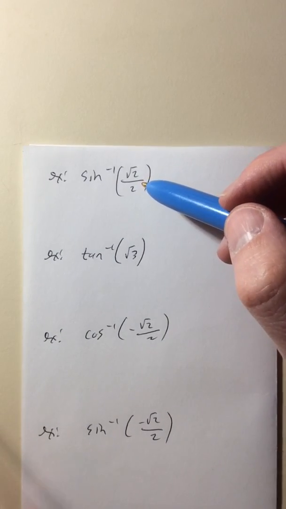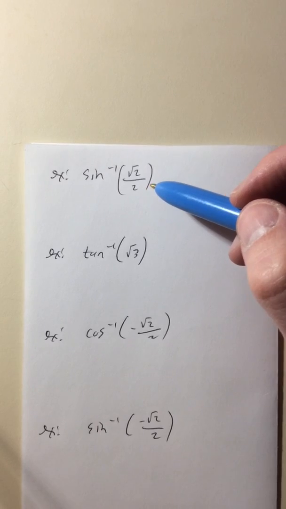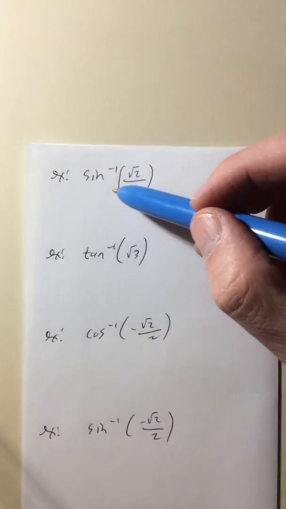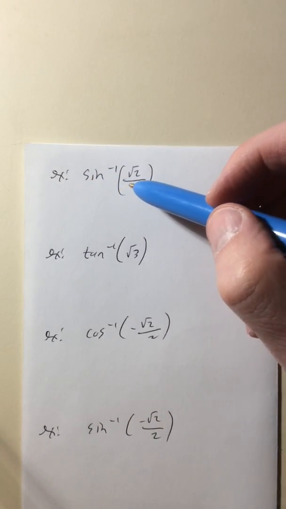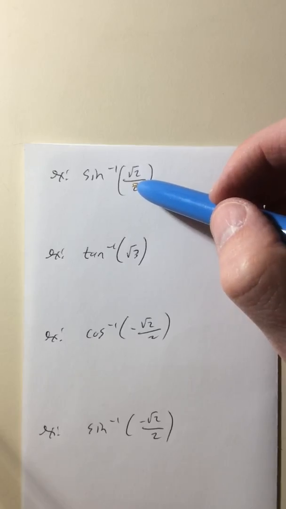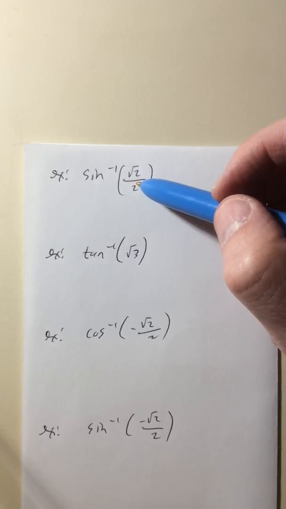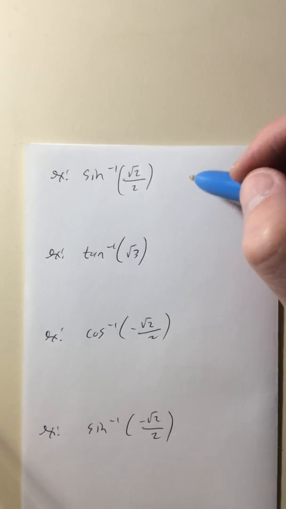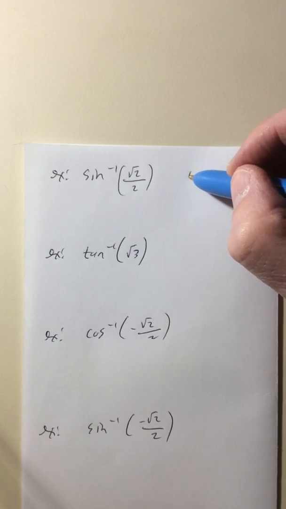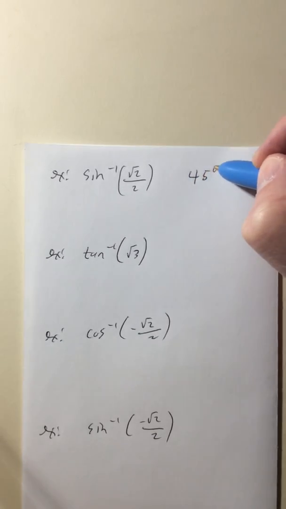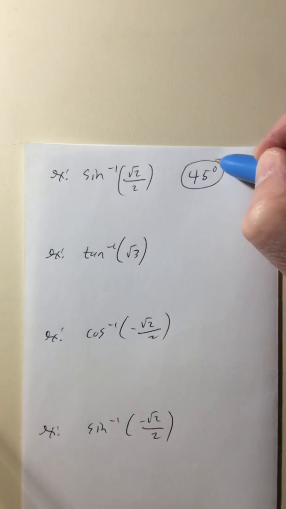So root 2 over 2, hopefully you remember from your practice that the sine of some angle is root 2 over 2. So we want to know what that angle is. So hopefully you're searching through your memory and you're going to come up with 45 degrees. Hopefully you came up with that.